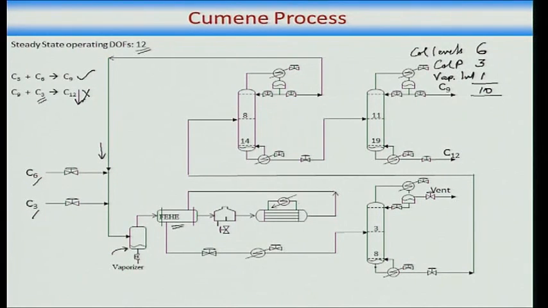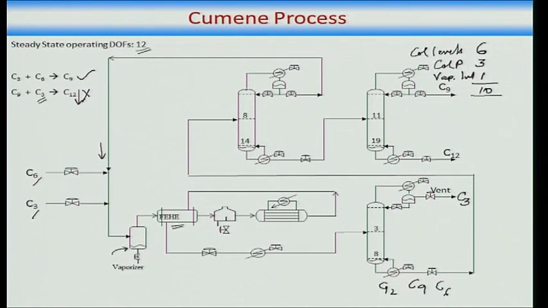This is fed to a purge column, and what does the purge column do? It takes out the C3 up the top, and all the liquid, basically the C6, C9 and C12, goes down the bottom.